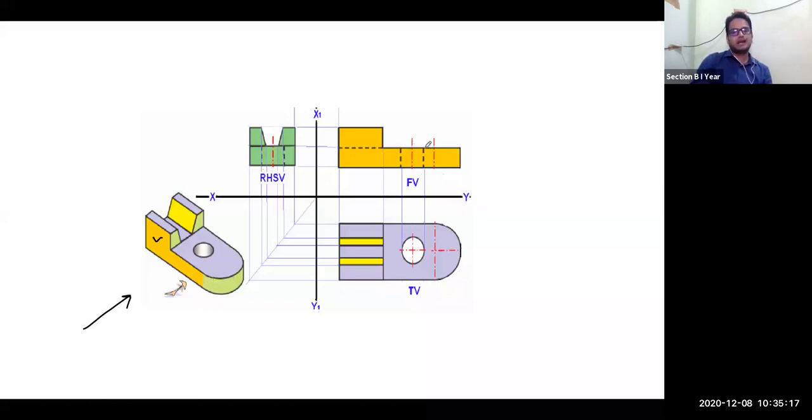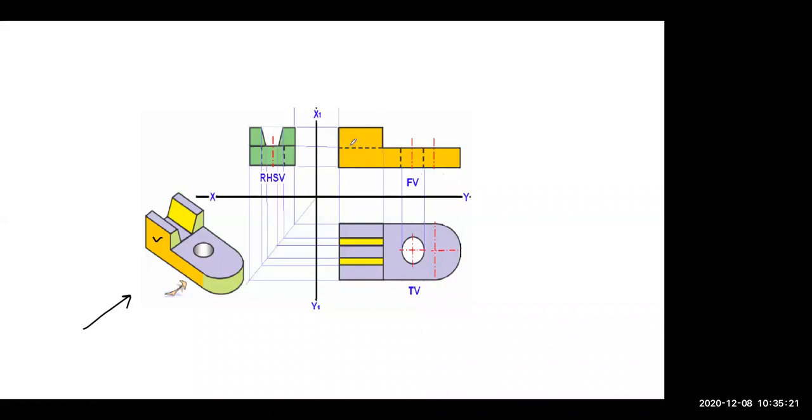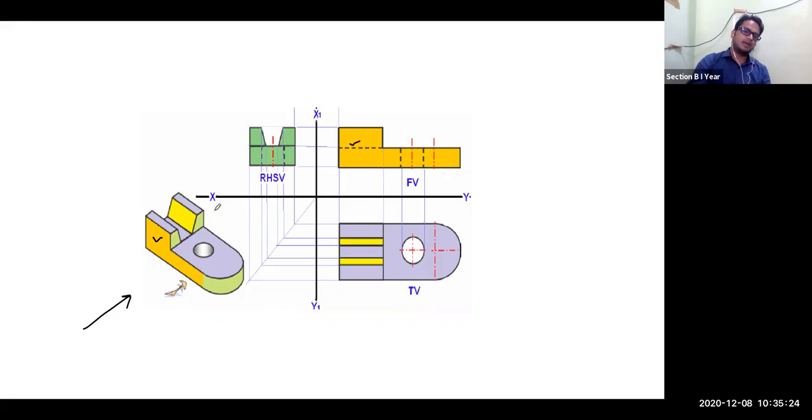So you can see that it is shown all in brown color, and this hidden line is showing which line? That hidden line is showing this line. It is there but not visible when you are looking at it from the front side, so it is shown using a hidden line.